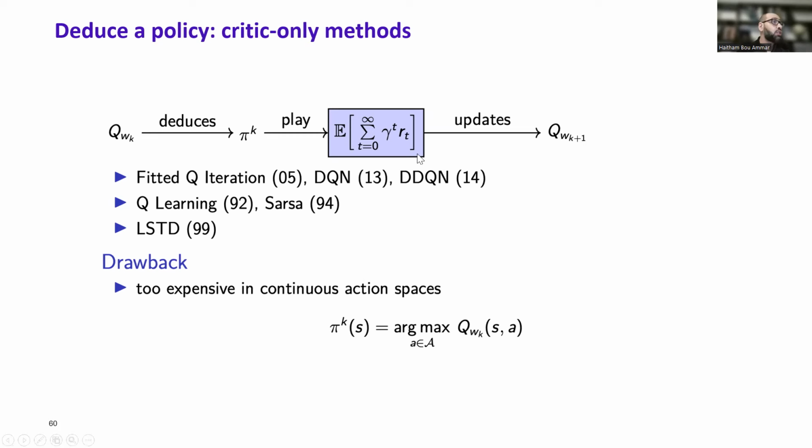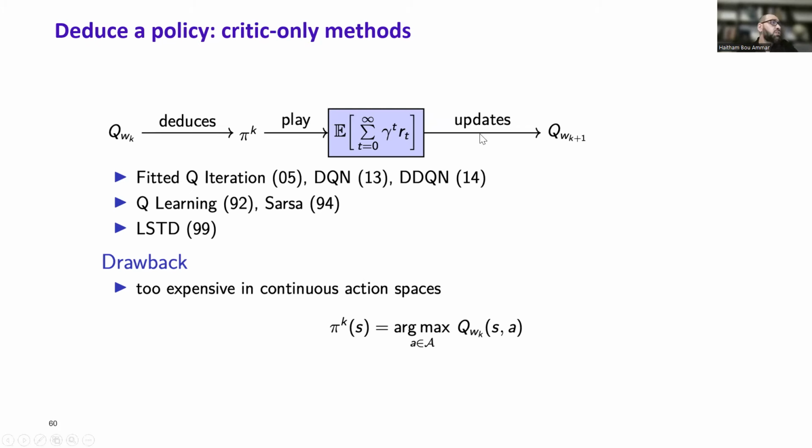So we call them indirect methods because we're not directly looking for the action selection rule. We rather build a Q function which reflects how well a policy would have acted, and then indirectly deduce a policy from that.